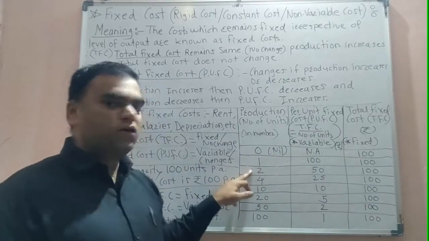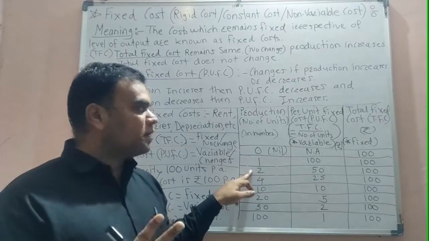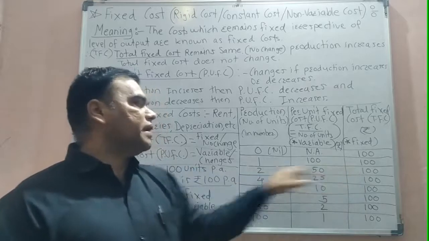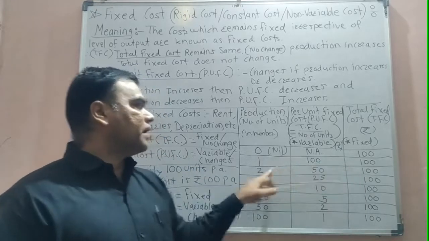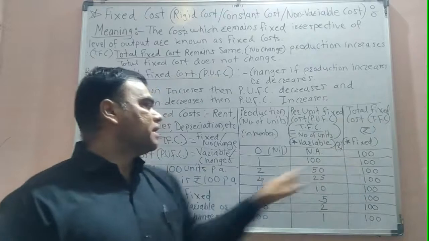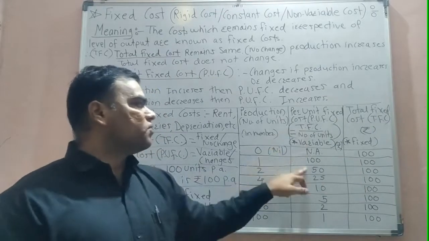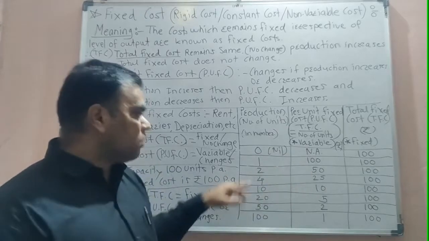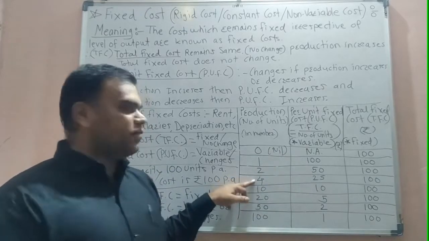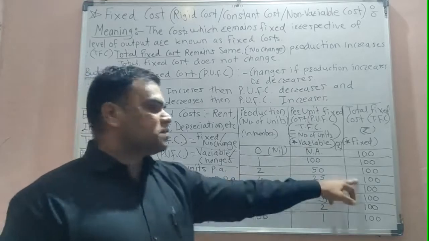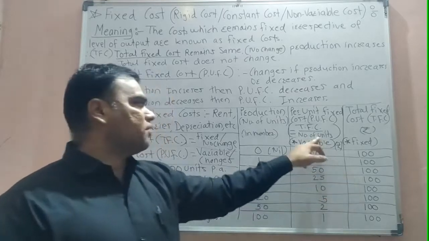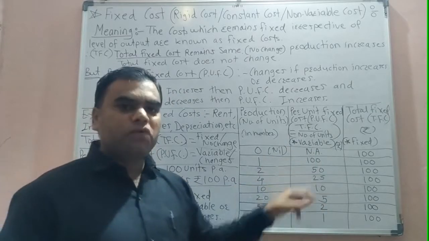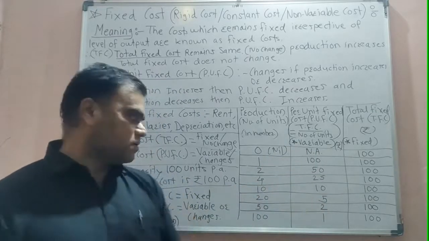We manufactured 2 units, then the total fixed cost of 100 rupees gets divided into 2 units: 100 divided by 2 is 50, the per unit fixed cost. Next, you have increased more: 4 units. Total fixed cost remains the same, 100 divided by 4 units, 25 is the per unit fixed cost.